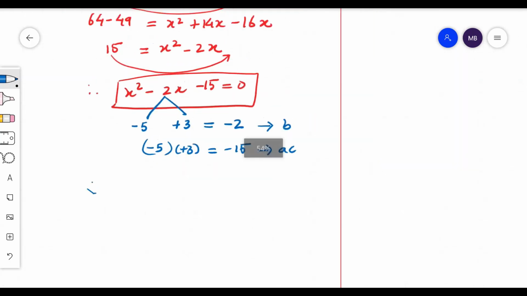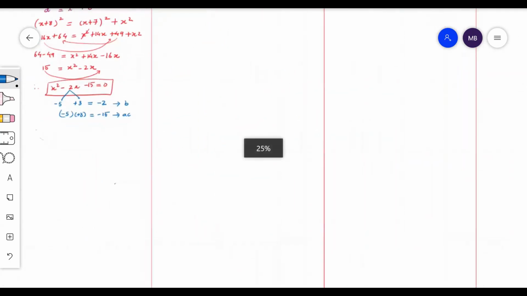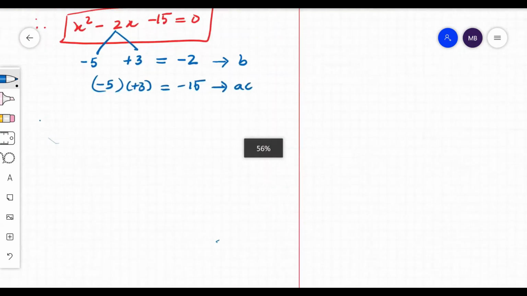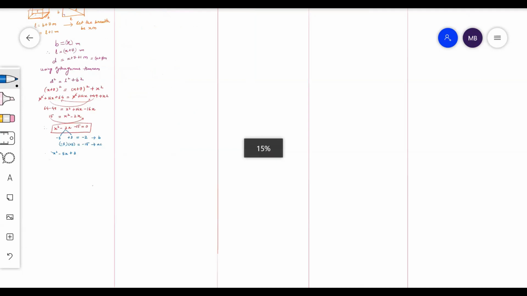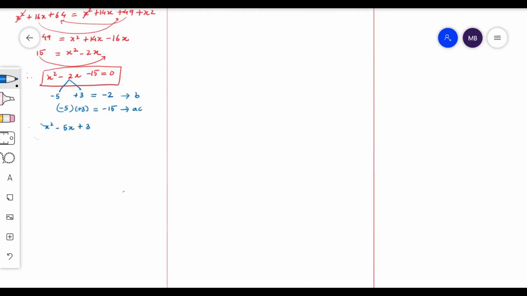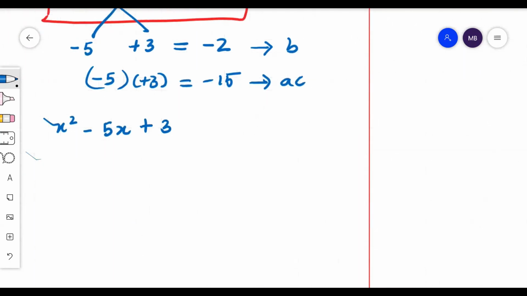So therefore, let us take this as x square minus 5x plus 3x minus 15 equal to 0.